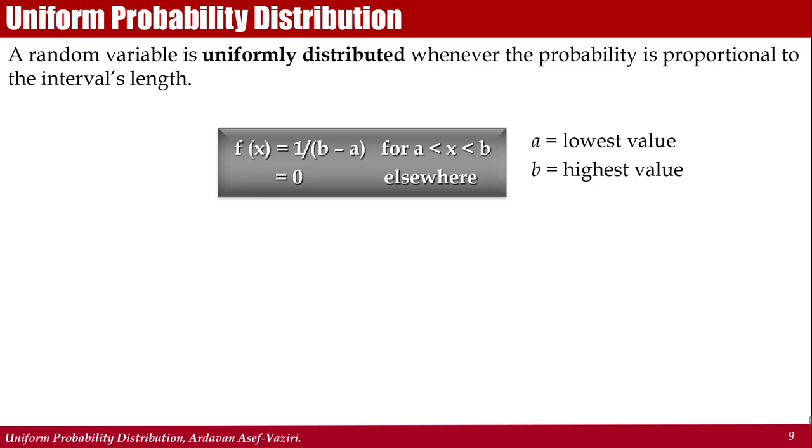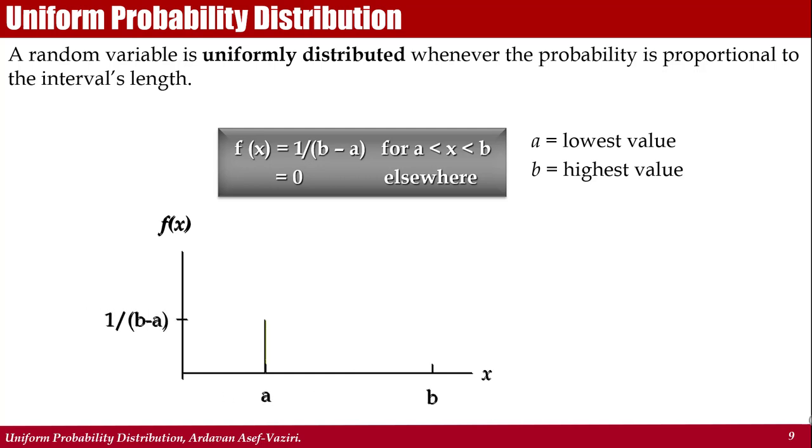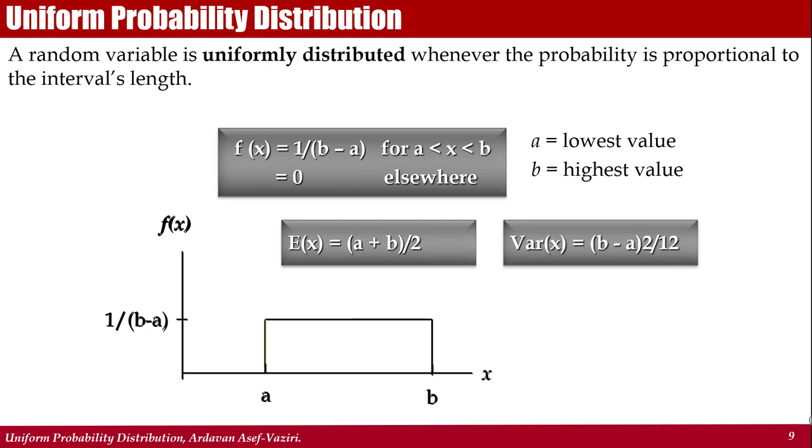For a random variable which is between A and B, this is a representation. The average is A plus B divided by 2, and the variance is B minus A squared divided by 12.